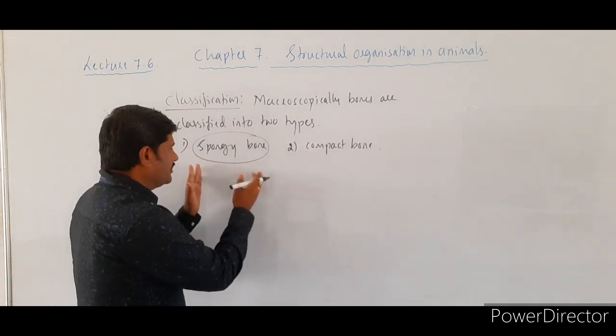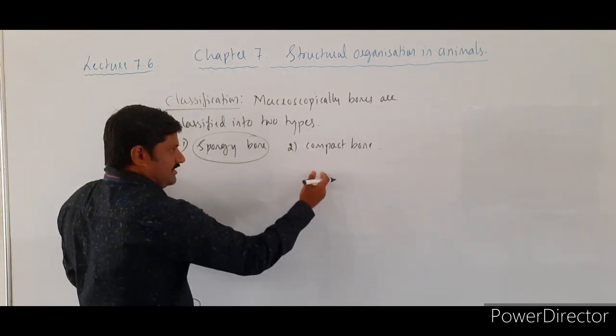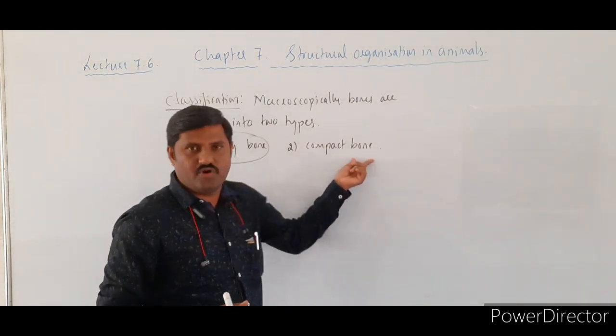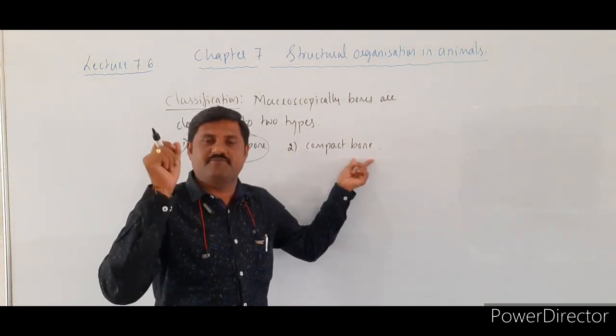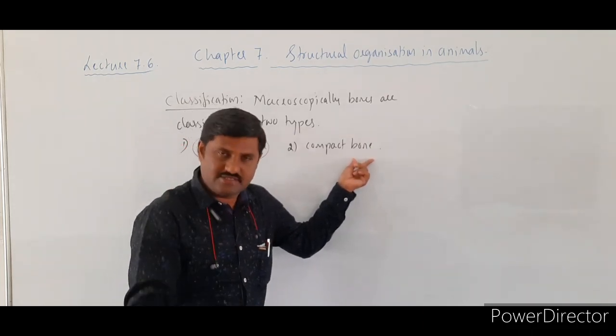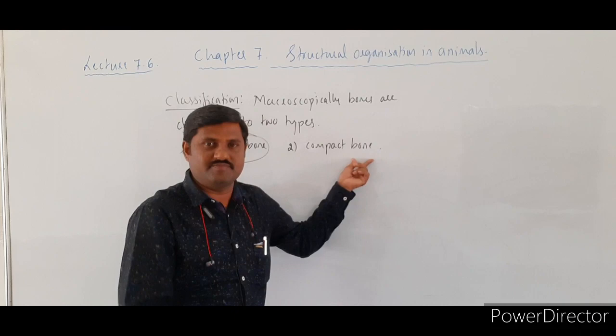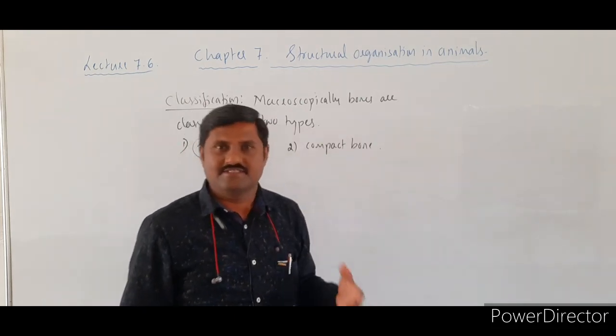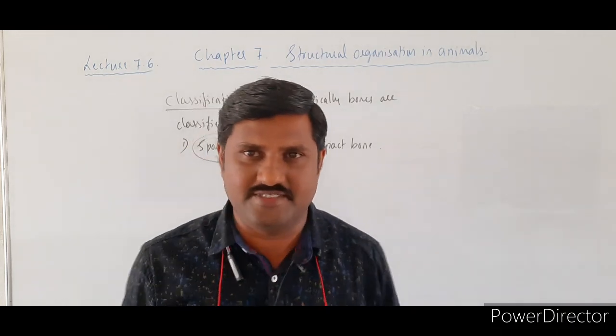Apart from this, the outer surface of the bone becomes the compact bone, since it consists of very hard structures, that is Haversian canals or Haversian systems, and in the cavities the yellow bone marrow is present, right?